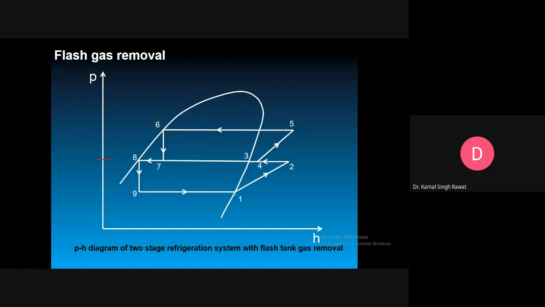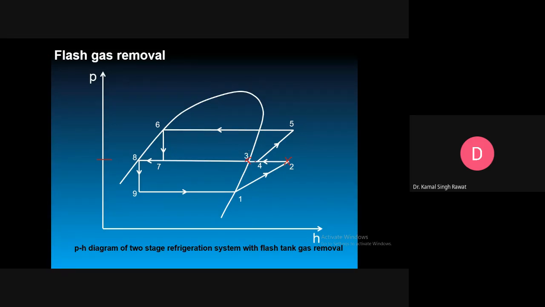This saturated vapor enters the first compressor, and after the compression, the state is 2, which is superheated, and the vapors which are coming out from the flash chamber at intermediate pressure, the state is 3. These are the saturated vapor and these are the superheated vapor. So the enthalpy of the superheated vapor is high, and the enthalpy of saturated vapor is low.